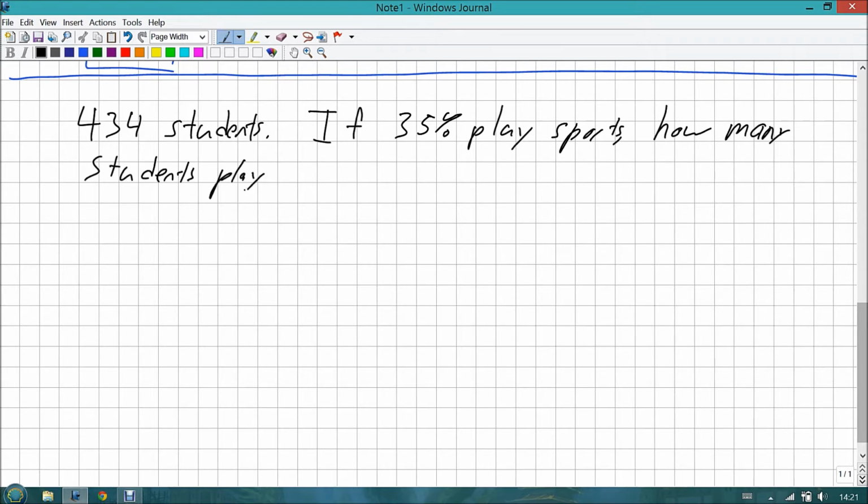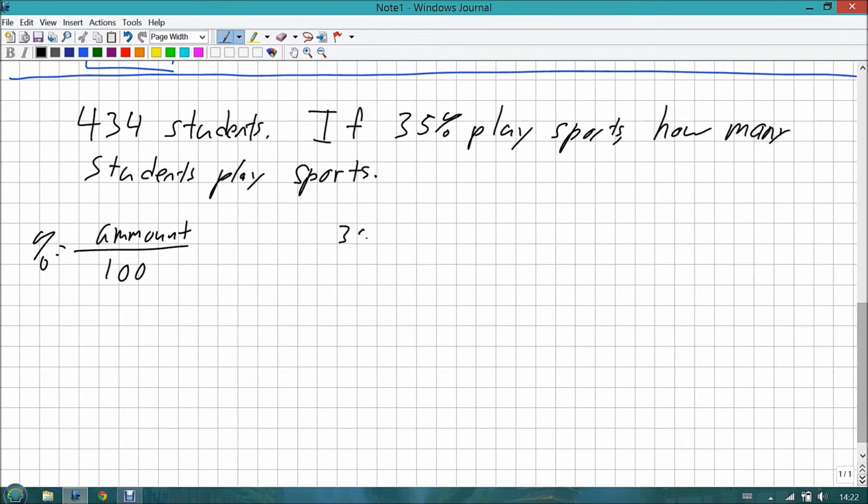Well, this is actually not only a proportion, but it's also a percentage. Percentages are proportions. They are the amount per 100. That's what a percent is. So I'm given 35%.